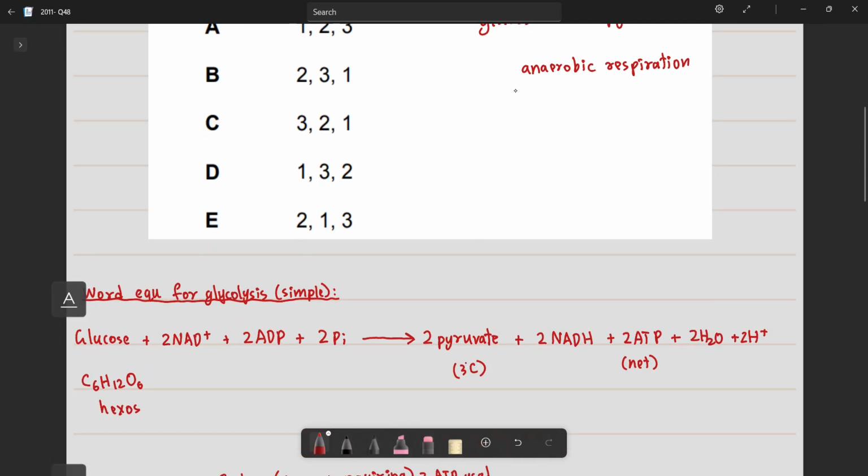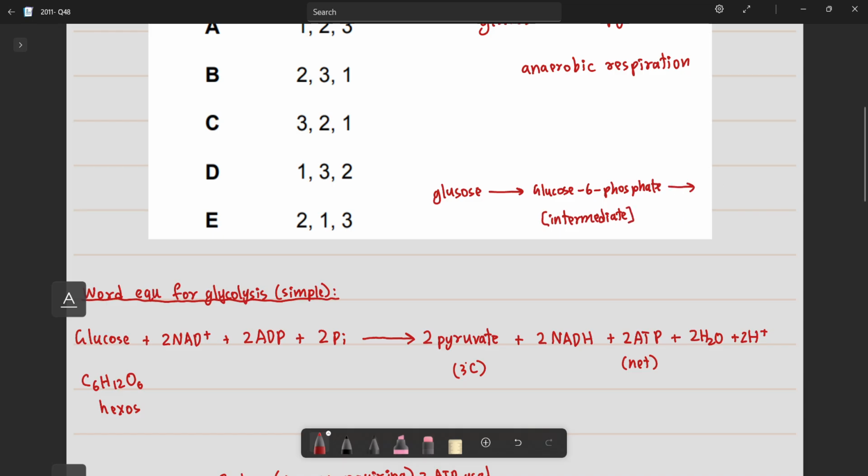It starts as a six carbon compound, which is glucose, then goes into this phosphorylated six carbon compound, which is glucose 6 phosphate. I'm going to mention this as the intermediate. This is the very first intermediate.